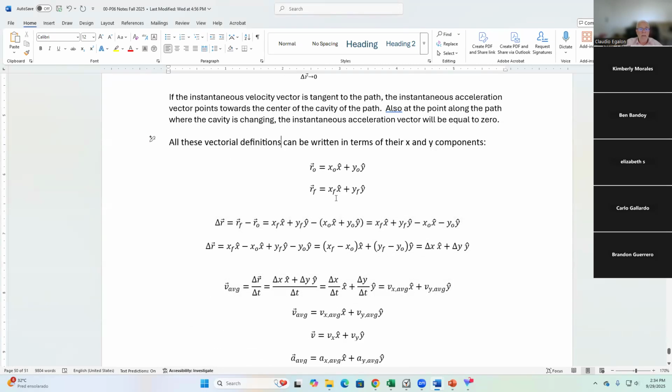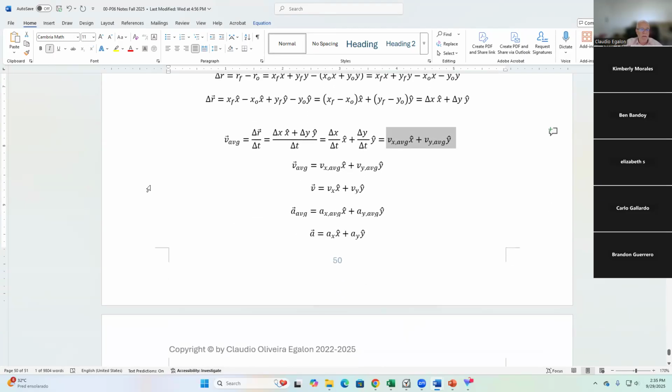RF is xf x hat plus yf y hat, and so on, right? Delta R is something like that. Average velocity vector also is going to have an x component and a y component, just like that. For the instantaneous velocity vector, we write them down like that. For the average acceleration vector, we write their components just like that. And the instantaneous acceleration vector, we write its components just like that. Okay?